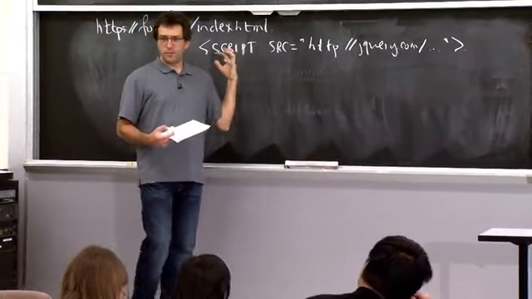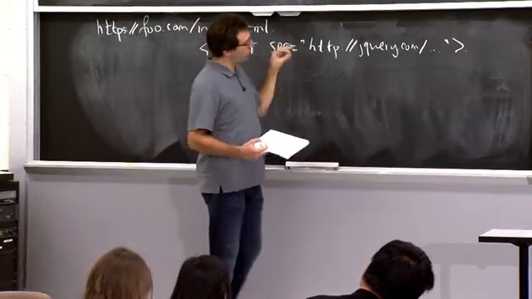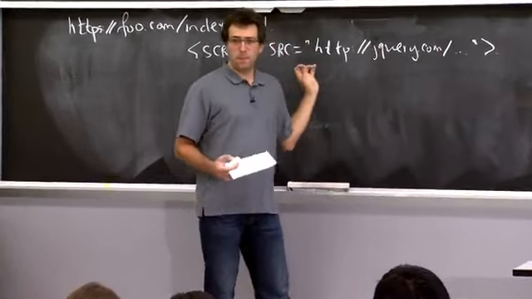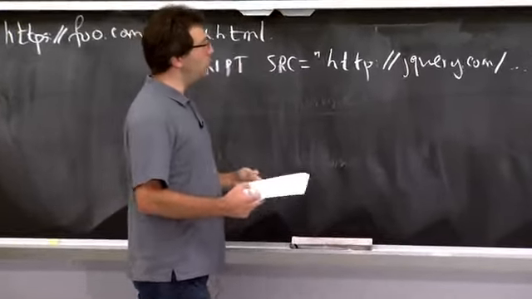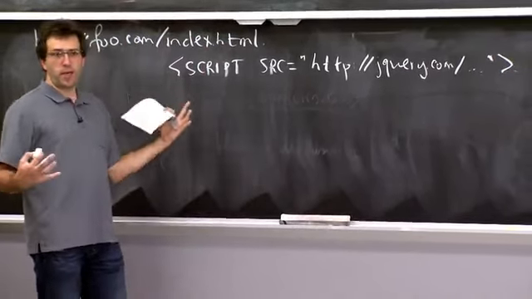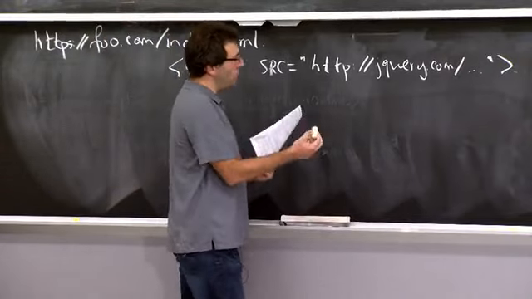So that seems like a really bad thing. Web developers certainly should be careful not to make this kind of mistake. So one solution is to ensure that all content embedded in a secure page is also secure. It seems like a good guideline for many web developers to follow.